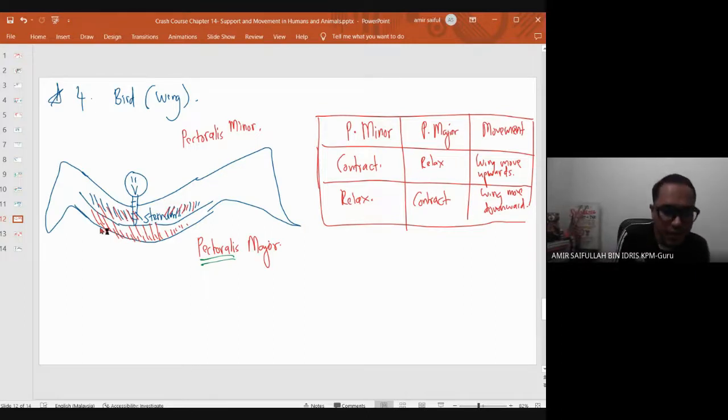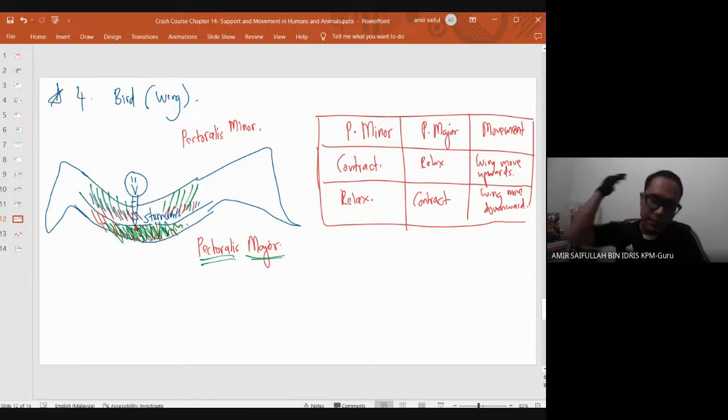At the bottom part of the body is the muscle called pectoralis major. On top is called the pectoralis minor. Clear? The below part is the pectoralis major. The upper part of the body is the pectoralis minor.